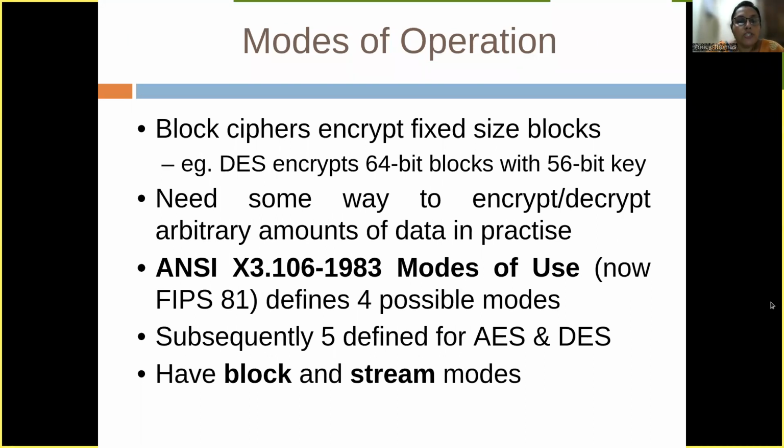Okay, so for the modes of operation, I've already told you that DES encrypts 64-bit blocks and the key size is 56 bits. So we need a way to encrypt or decrypt arbitrary amounts of data, and for that we are using these different modes.